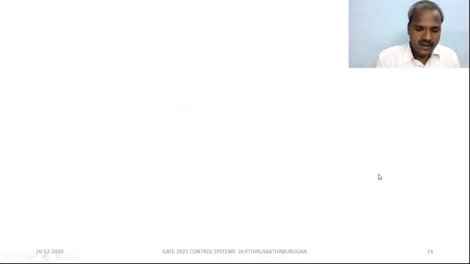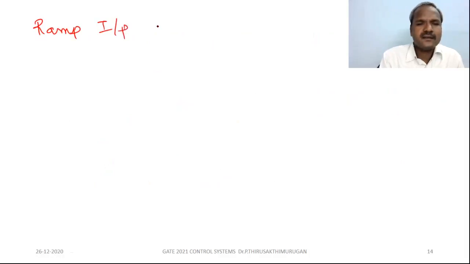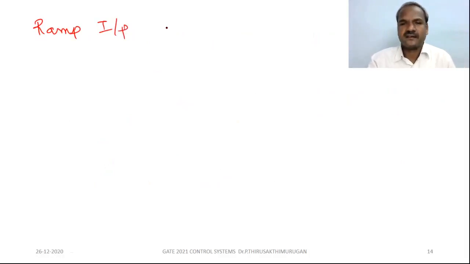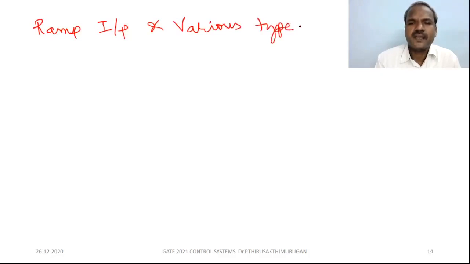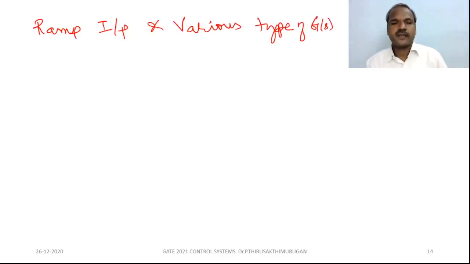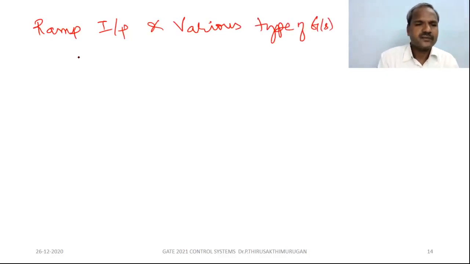Similarly, for ramp input, the response for various types of G of S, whether type 0, type 1, type 2, etc. Clear? So what are the responses?